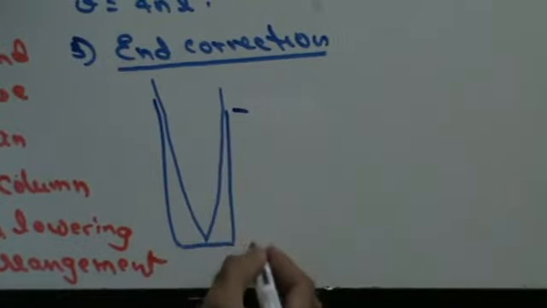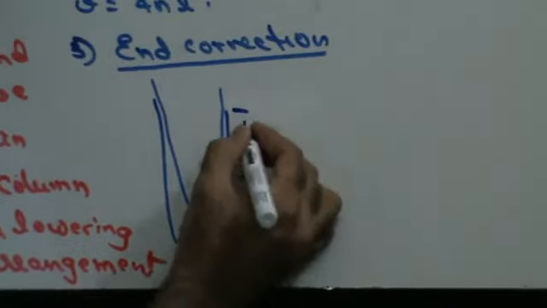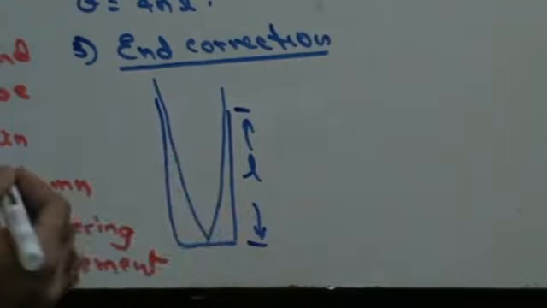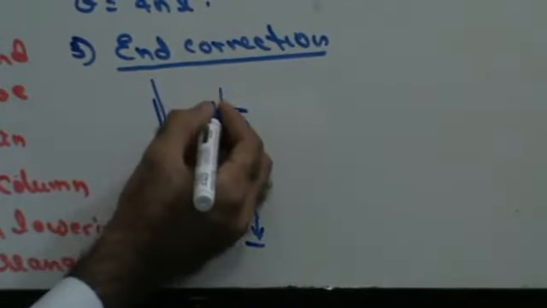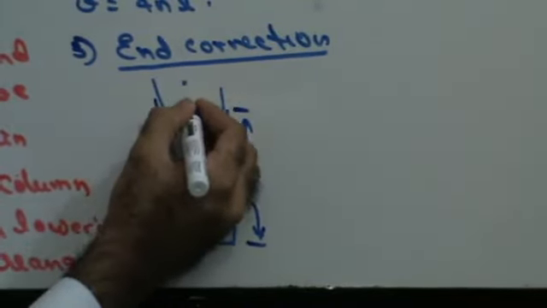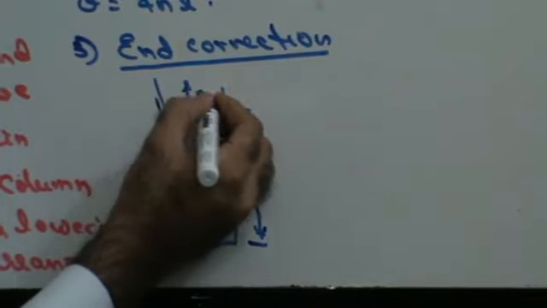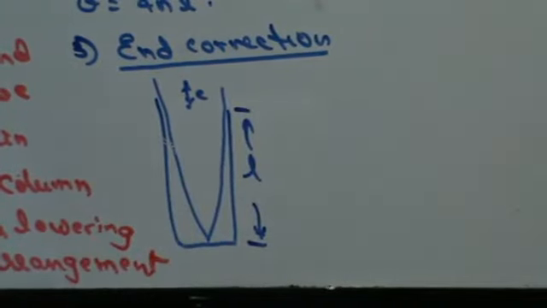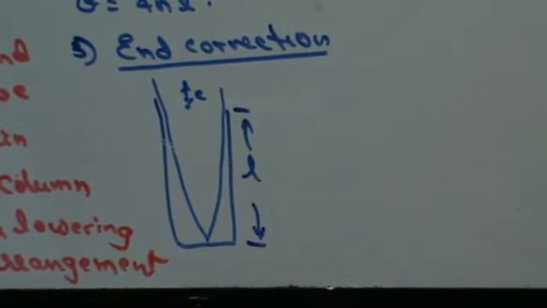So instead of being formed exactly at the open end, the antinode would be formed at a distance slightly above the open end. Let's assume that this is my length of the tube, and there would be some distance E above the open end where the antinode would be formed. Fine, do we get this thing clear?